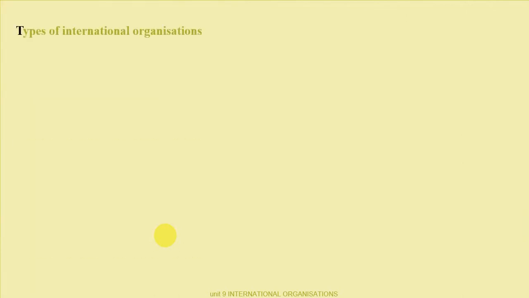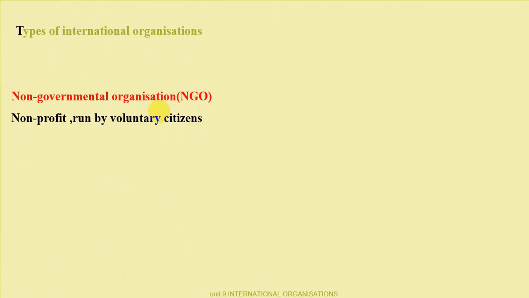Now, we move to the types of international organizations. When we speak about international organizations, we have to distinguish between two types. Some we call non-governmental organizations. These organizations are non-profits. They don't work to get money.